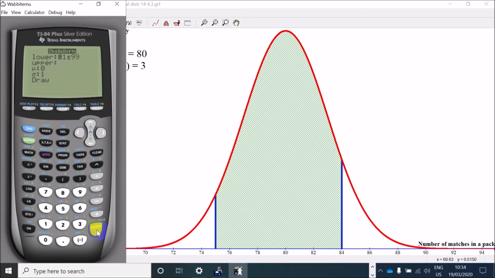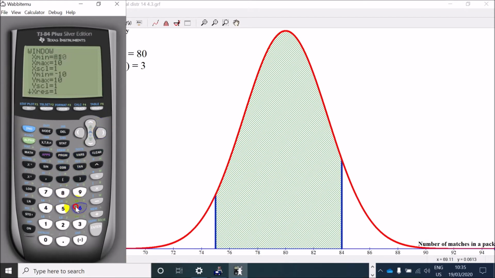What did I say? Between 75 and 84. The mean is 80 and the standard deviation is 3. Let me see if I need to set the window. Obviously, we can see that our window here is more or less between, say, 65 up to 95.